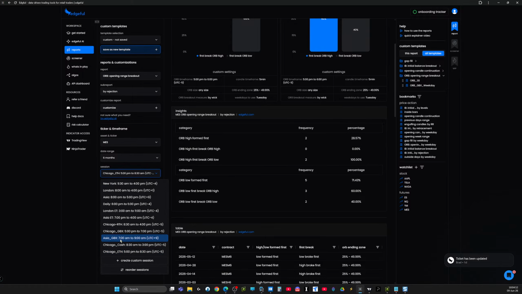Oh no. Christ, that's less. Oh, something's really wrong. How can there be less? How can there be less occurrences? This is the high formed first. This is the low formed first. This is 5 and that's 2. That's 7.